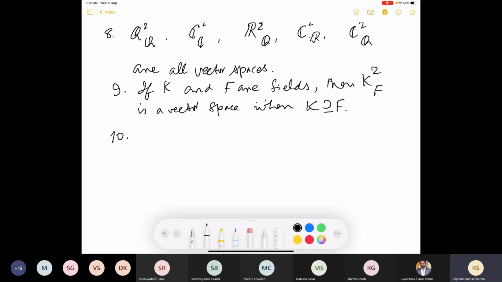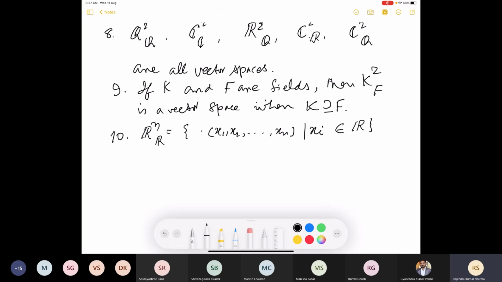So you can have, for example, Rn over R. Rn over R is the set of n-tuples x1, x2, up to xn, where each xi is from R, and any two elements here are said to be equal.